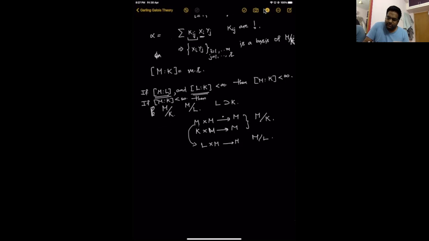Then we want to show that M over L is also finite and L over K is also finite.